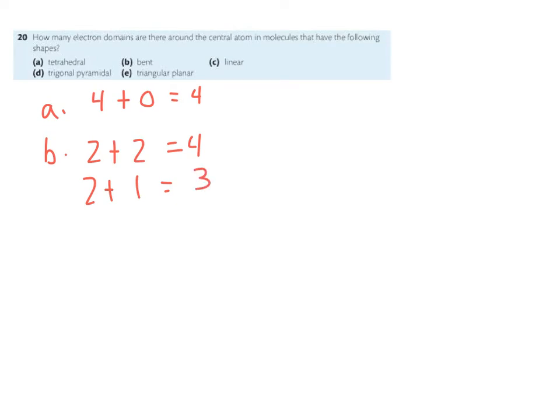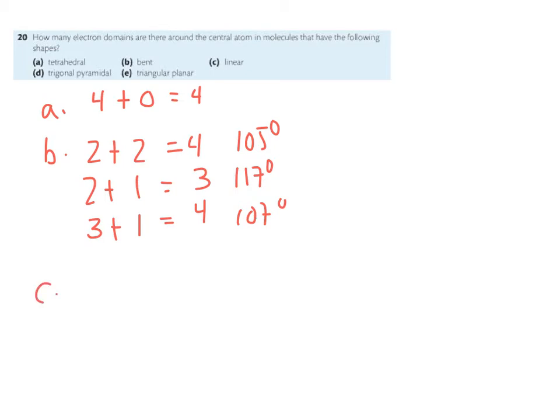Or the other possibility is it could be tetrahedral with 3 shared pair and 1 lone. So 3 or 4 are both possibilities because this one is sometimes called double bent and has a bond angle of 105, whereas this one with just 1 lone pair out of the 4 is 107, I'm sorry. But if it only has 3 electron domains and it's bent, this is going to be 117. So 3 possibilities on bent.